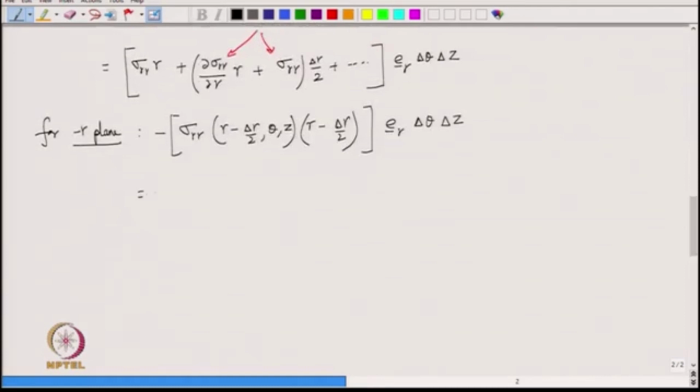And again you can think of doing a Taylor's expansion. So, when you do the Taylor's expansion, you get sigma r r into r at the center of the cylindrical element.